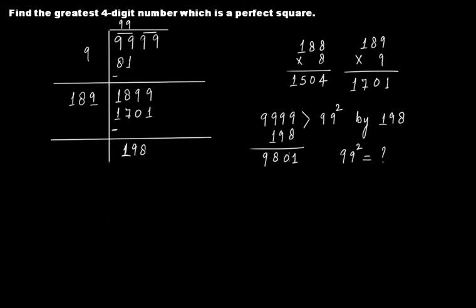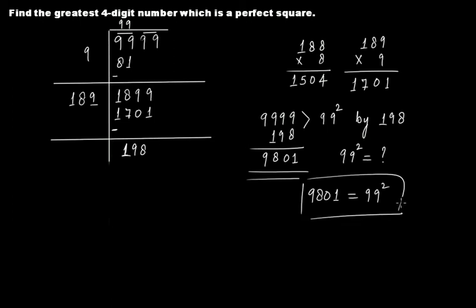So this 9801 is the 4-digit number which is a perfect square, because this 9801 is actually equal to 99 squared. Okay.